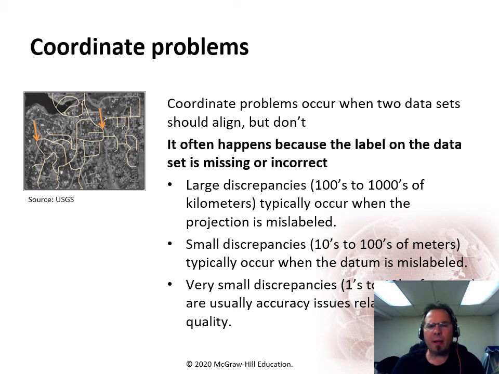Sometimes what happens is you get coordinate system issues, and it could be a lot of things. Data sets that are mislabeled, missing information, or incomplete, small discrepancies, things like that. And one of the more challenging aspects of GIS is learning how to fix these problems.